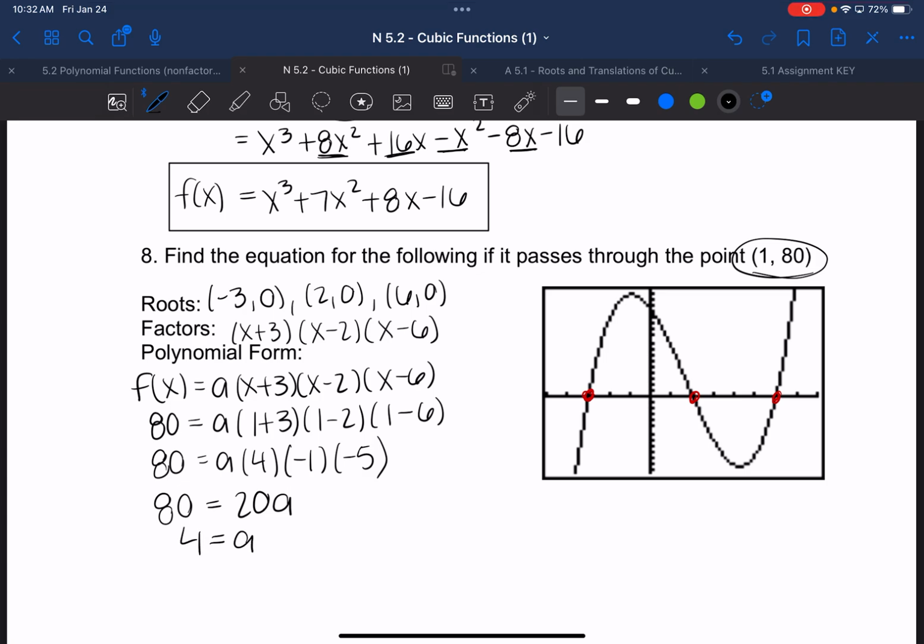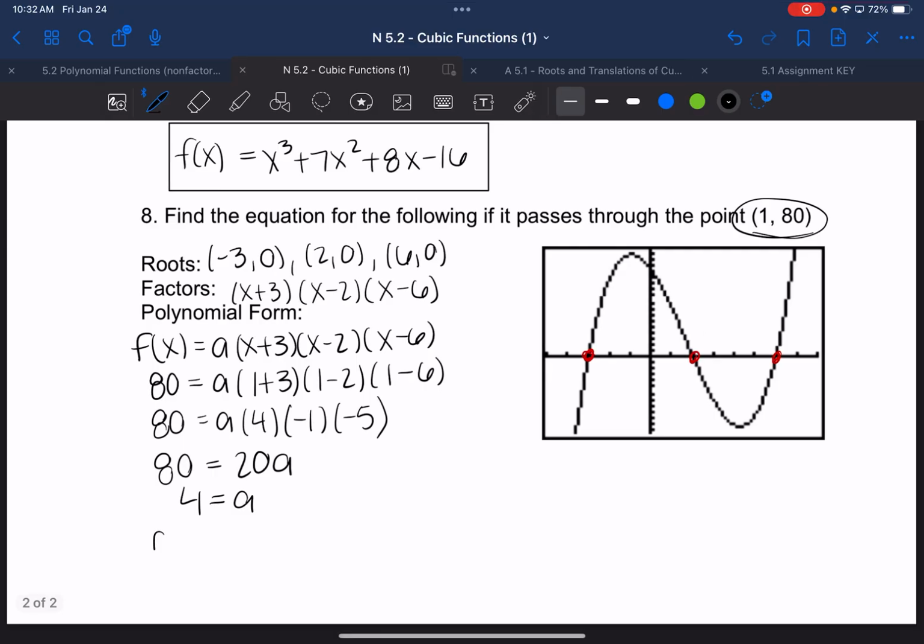So for our function, we're going to have f of x is equal to that a value, which we found to be 4, and then all of our factors. x plus 3 times x minus 2 times x minus 6. But they said they don't want the factored form.